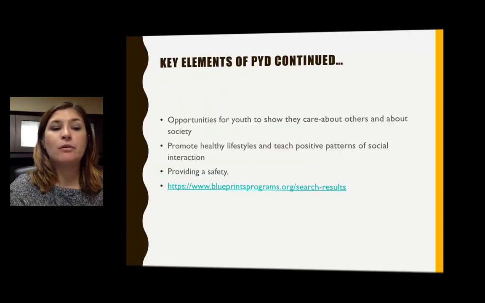We want to provide opportunities for youth to show that they care about other people and about their society in general. We aim to promote healthy lifestyles and teach positive patterns of social interaction. The ability to provide a safety net in times of need for the youth.